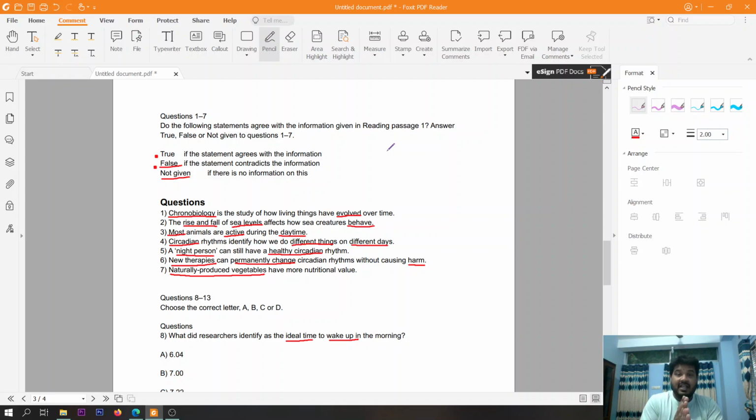But not given is when there is no information given about that particular shirt, right? So basically that's the difference between false and not given. In false, you can prove the opposite or the contradiction to the question, but for not given, you cannot prove whether it's true or whether it's false.